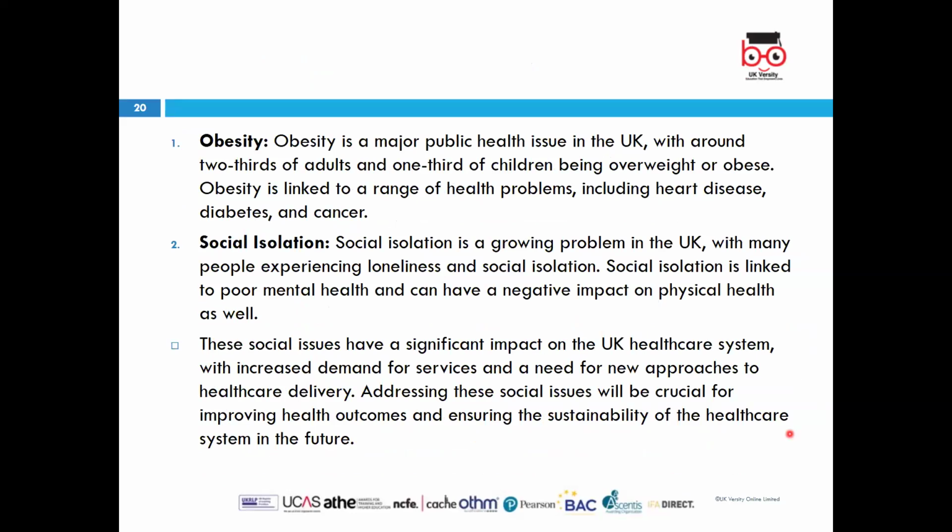Obesity is a major public health issue in the UK, with around two-thirds of adults and one-third of children being overweight or obese. Obesity is linked to a wide range of conditions: diabetes, cancers, heart diseases. Then comes social isolation and loneliness again, which leads to poor mental health and has a negative impact on health.